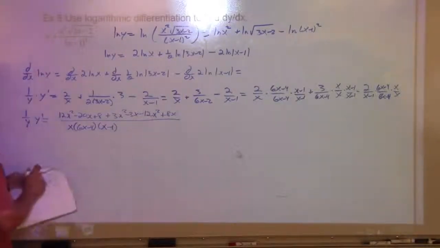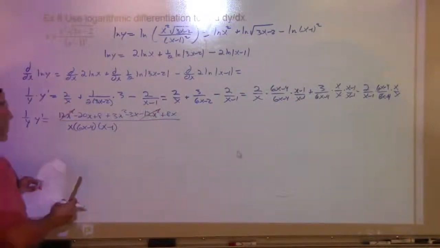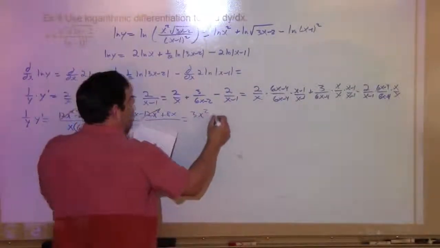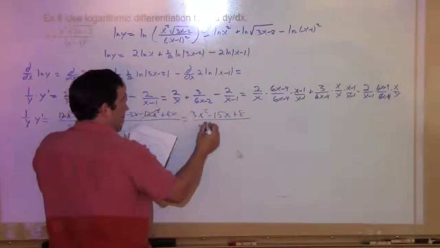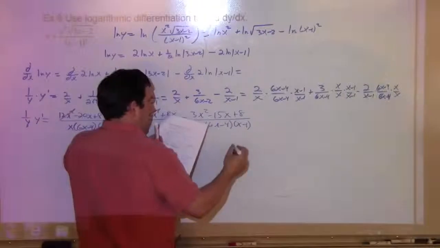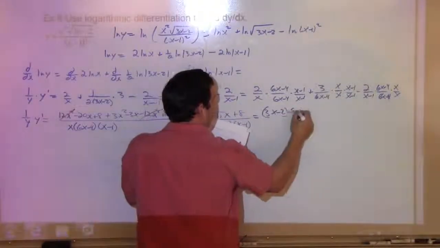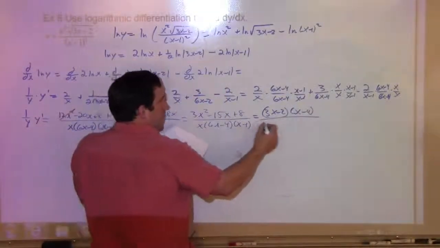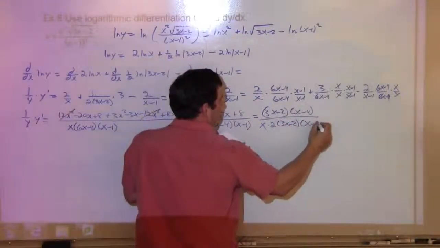Now, not much cleans up here, 12x squared, so that's about it. So from here we have 3x squared minus 15x plus 8, and that would factor to become 3x minus 2 times x minus 4 over, and if you factor this down, it's x times 2 times 3x minus 2 times x minus 1.